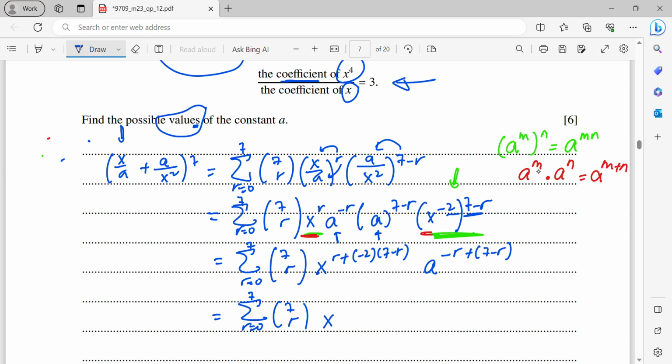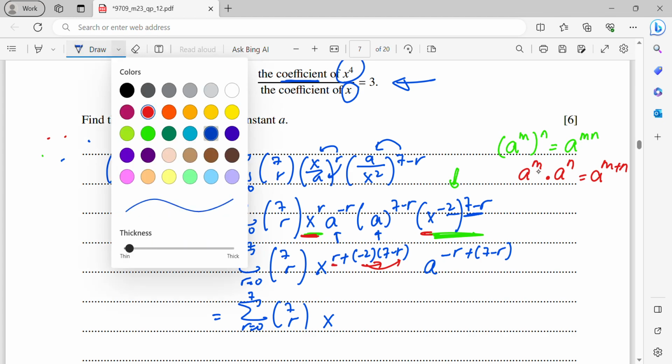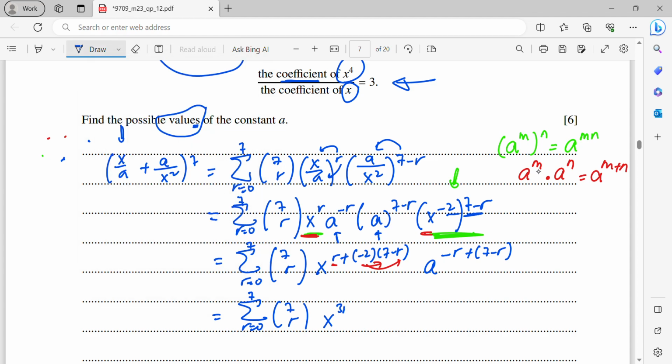Now I will simplify all my degrees first before I proceed to the next step. So I will get x. When you look at here, this is negative 14, then here is going to be positive 2r. The positive 2r together with the r here becomes 3r. So I will write x to the degree of 3r minus 14. Then a, now open the bracket, minus r will be minus 2r, so I will get a to the power of minus 2r plus 7.